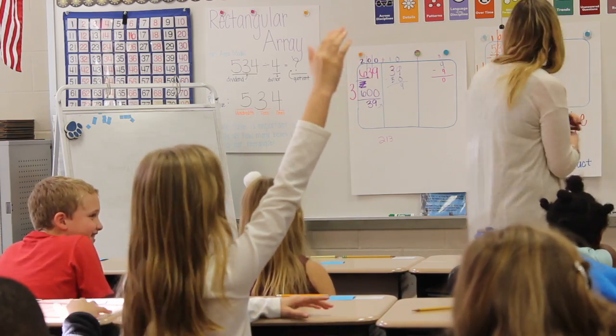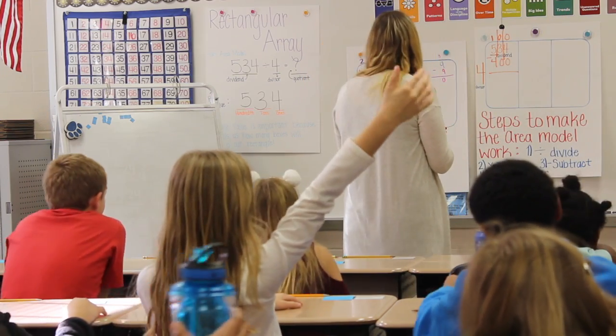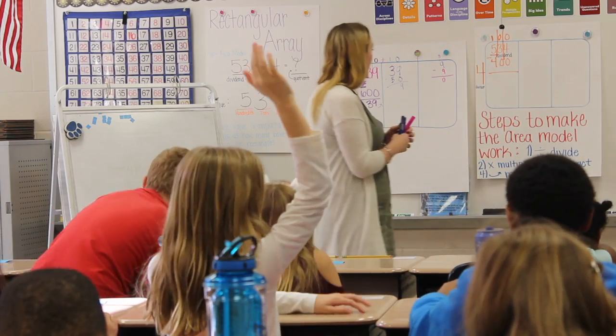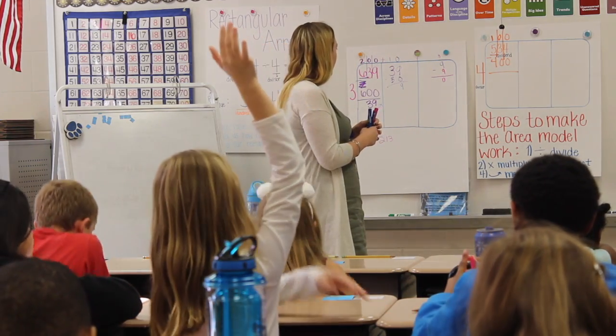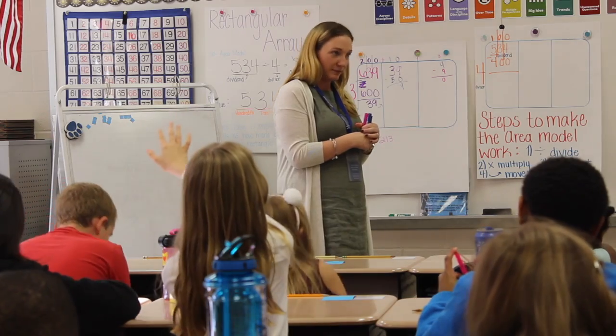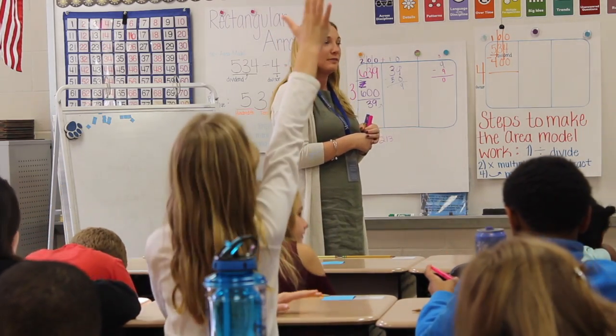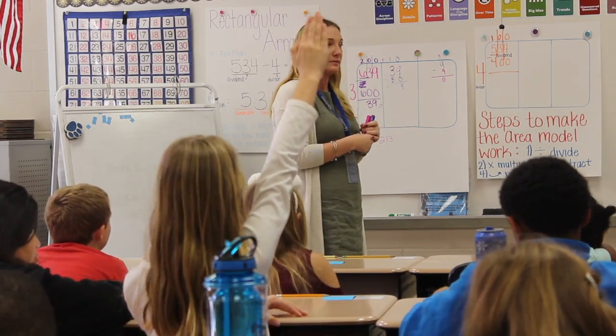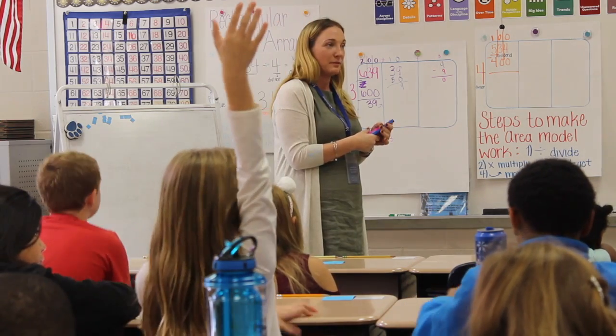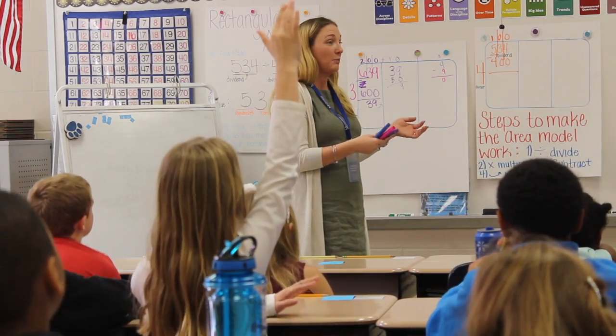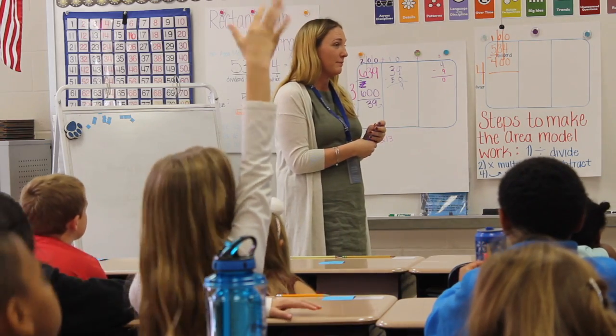So 0 plus 0 plus 3 plus 3, then 1 plus 0 plus 0 equals 1. Correct. And 2 by itself equals 3. Sounds like you understand it. Do you have any questions?